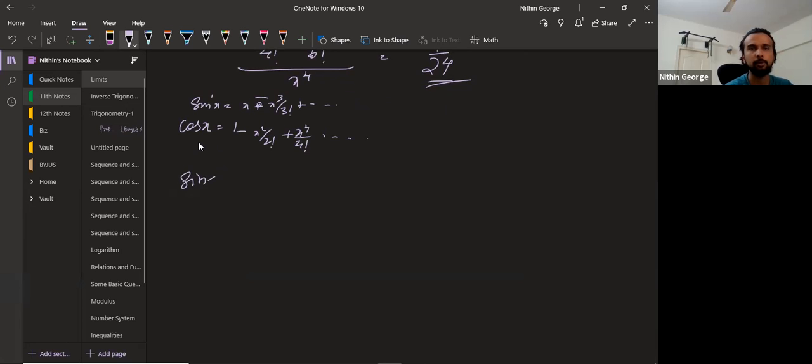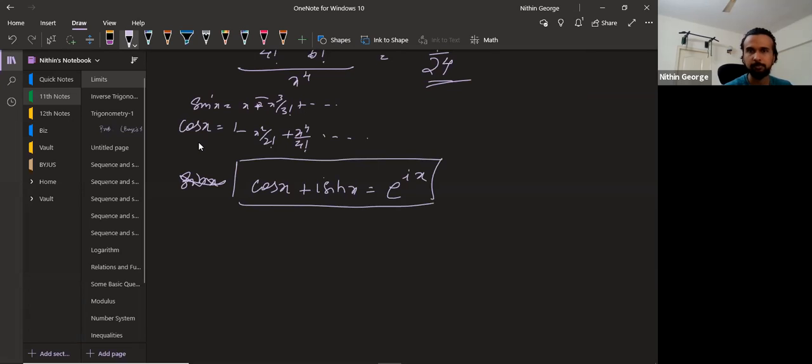If you did complex numbers last year, you can say that cos x plus i sin x is nothing but e power ix. Cos theta plus i sin theta is e power i theta. This is something you should know first. Now, e power x can be written as 1 plus x by 1 factorial plus x squared by 2 factorial plus x cubed by 3 factorial and so on.